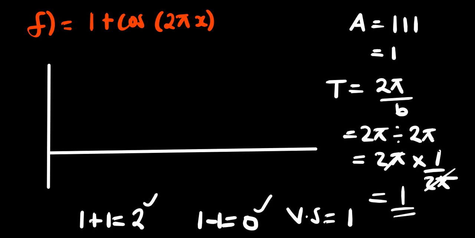Initially, let's first put the period. The period is 1. Now what is the half of 1? We can also write half itself, but let me not write half, let me write 0.5.